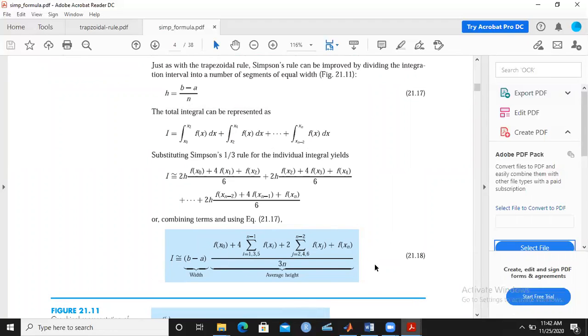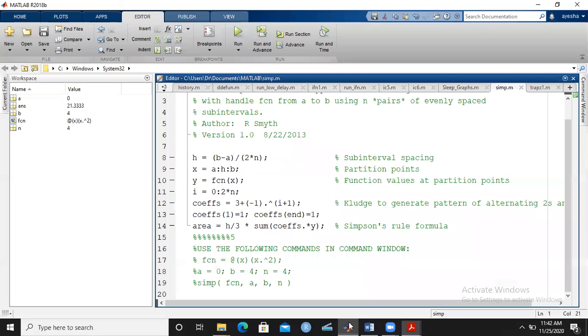This is the standard formula for the Simpson's rule, right? So you can see that for the odd functional values, you have got the coefficient 4. For the evens, you have got 2. And for the two boundaries, you've got the coefficient 1. That knowledge we have used here, and we have designed the coefficients according to the index.